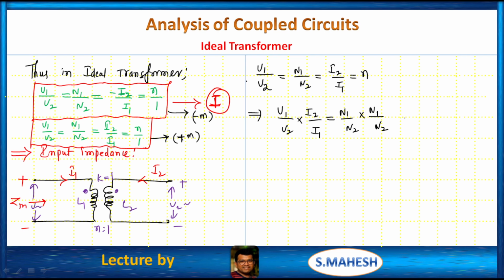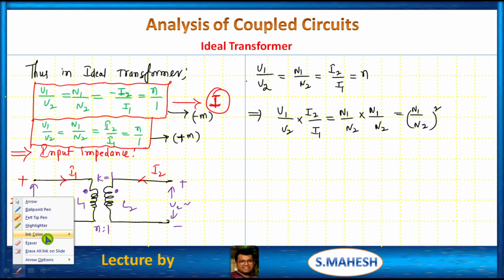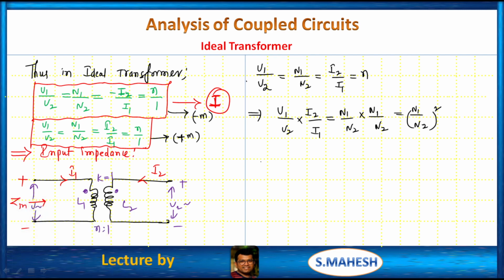Can we write like this, which is equals to N1 by N2 whole square. N1 by N2 is nothing but N only. Therefore, we can write V1 by I1 by V2 by I2 which is equals to N1 by N2 whole square which is equals to what? N square. V1 by I1 is nothing but Z.